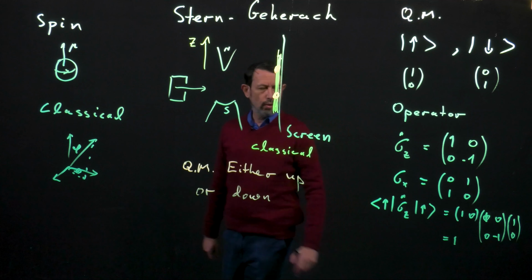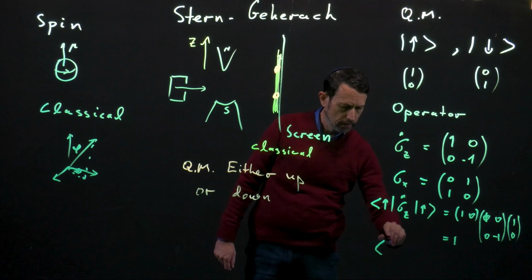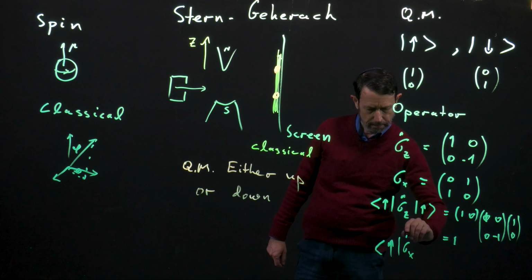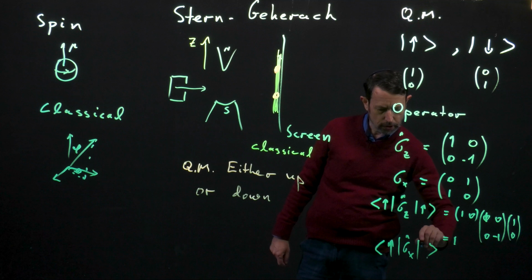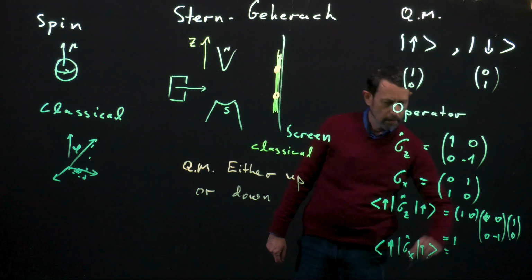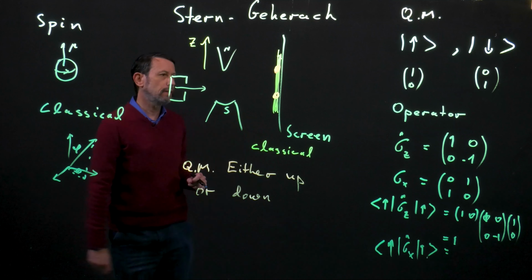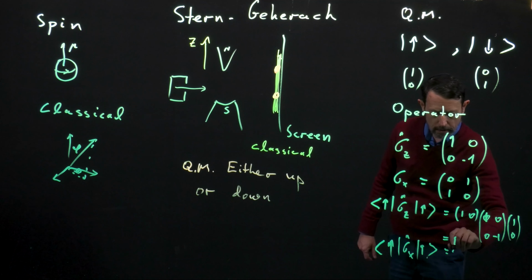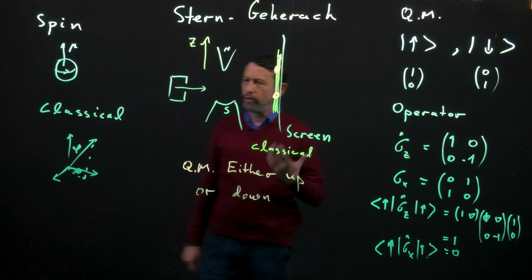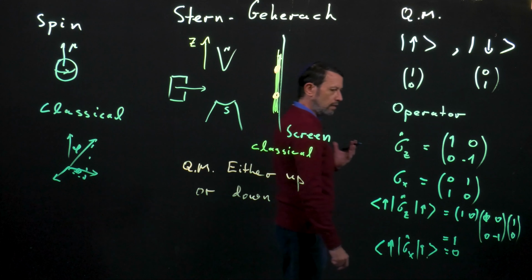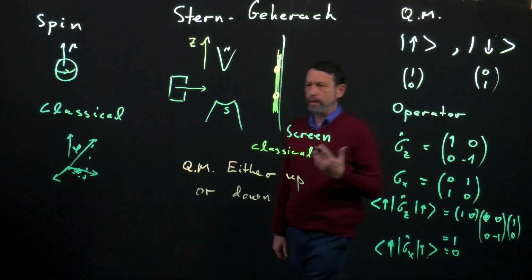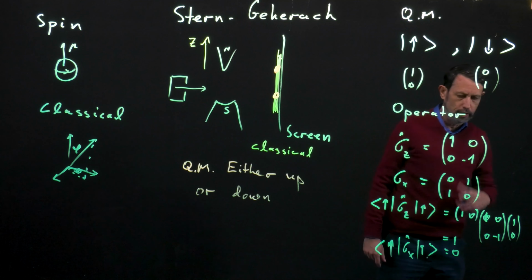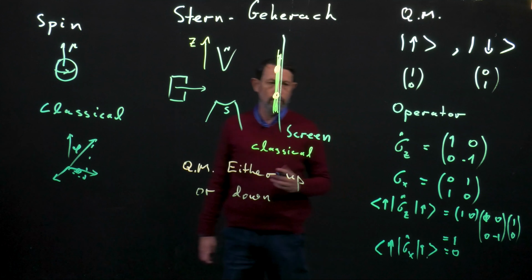We do the same calculation in the x direction. You can just plug in the vectors and the matrix, and you'll get 0. Why is it? Because if I know that the system is in the direction z, I don't know whether it's pointing in the direction of x or minus x. Therefore, on average, it gives us the value 0.